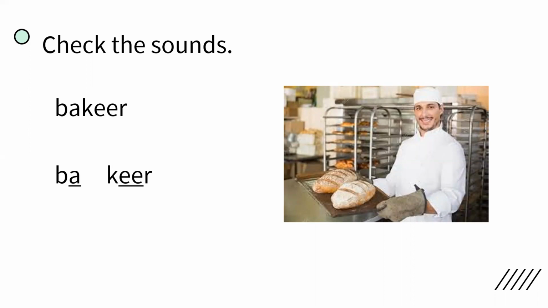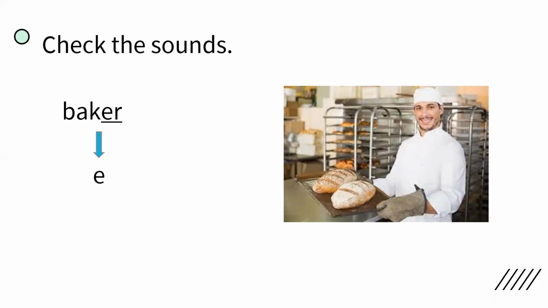When I do that, my first syllable does say what I need it to say, bay. Er is what I'm hoping to get in the second syllable, but that vowel team EE says E. So when I try to pronounce this word, I get bakir. That's not exactly what I was hoping to get with this. So I've got to make some adjustments.